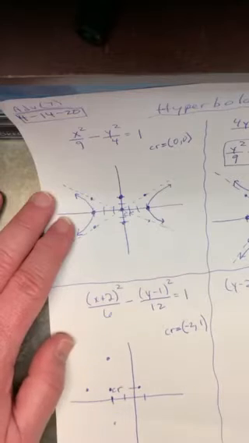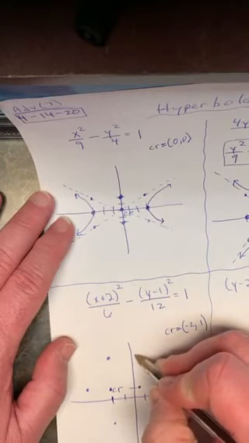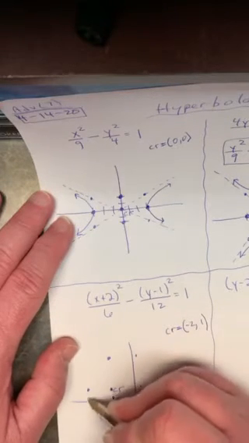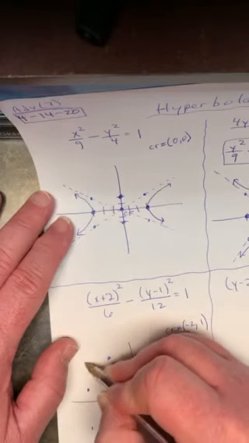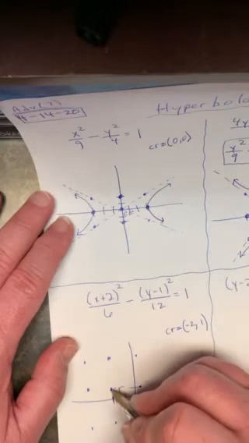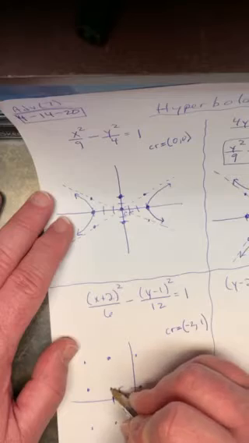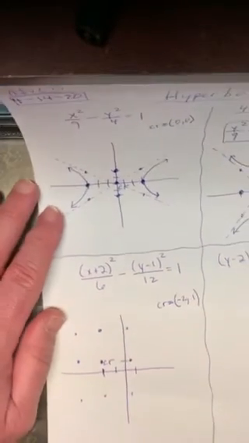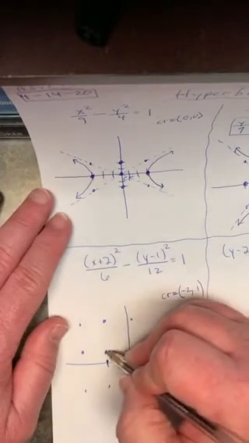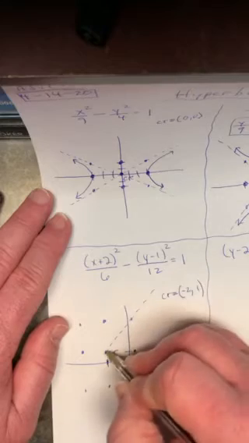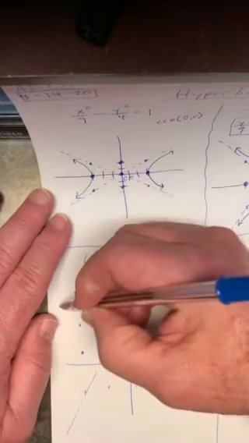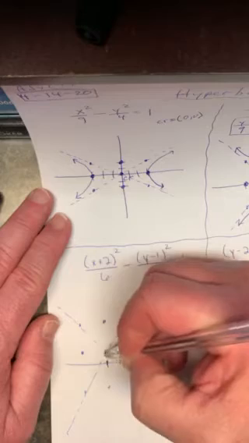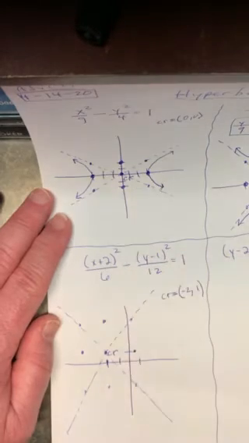This is a hyperbola. So I need a corner, a corner, a corner, and a corner. The asymptote, or the diagonal, must go through the center of your hyperbola. So guys, I've got one diagonal going that way, and the other diagonal going this way.